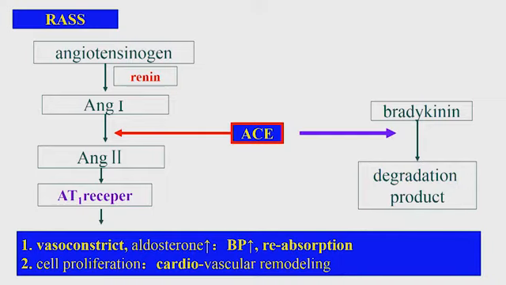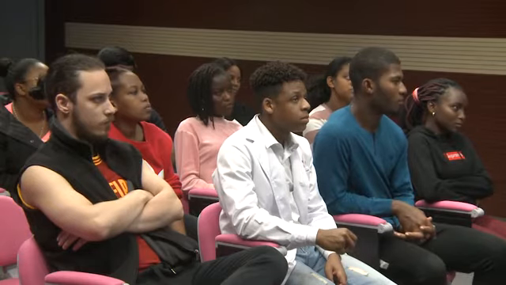We also know angiotensin converting enzyme also affects the bradykinin system and promotes bradykinin degradation. And we know bradykinin is the strongest vasodilator in our body. So vasodilation and then blood pressure is reduced.